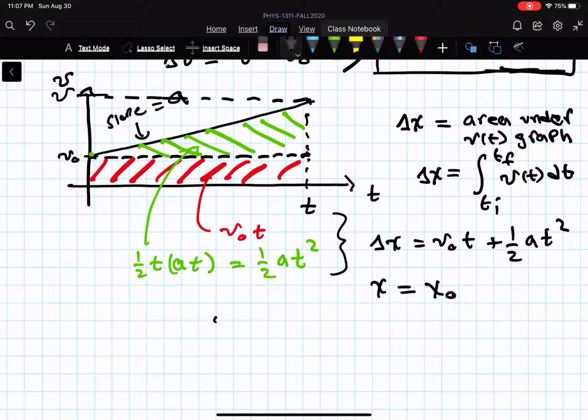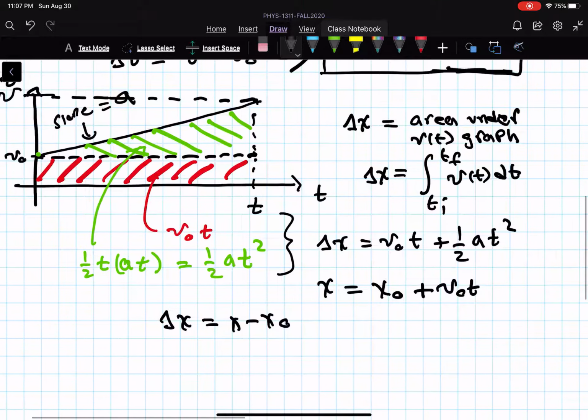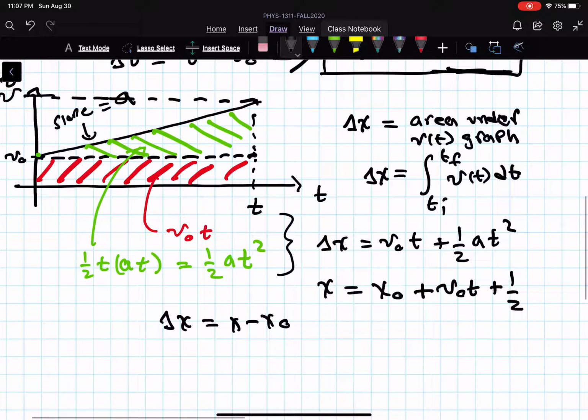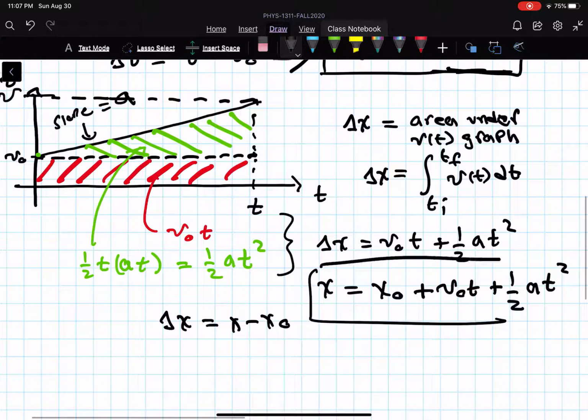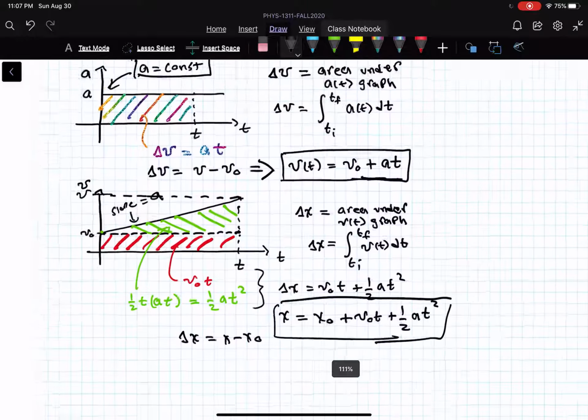Because delta x is just x minus x0. And so I'm going to move this to the other side, plus v0t plus 1/2 at squared. And that is our final kinematic equation.